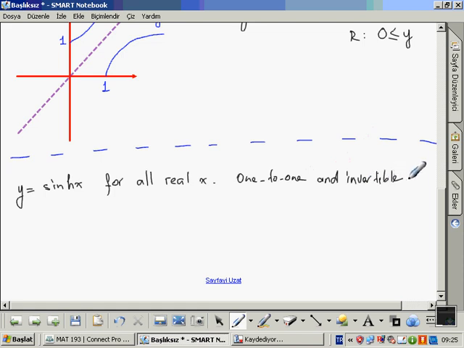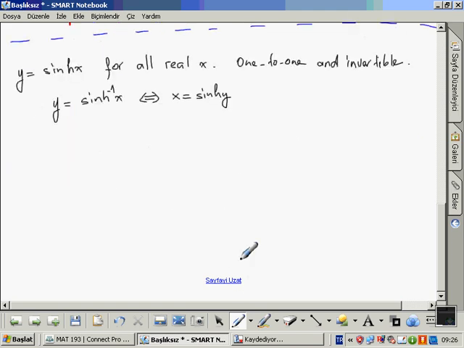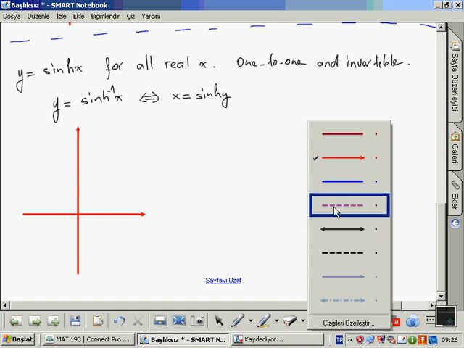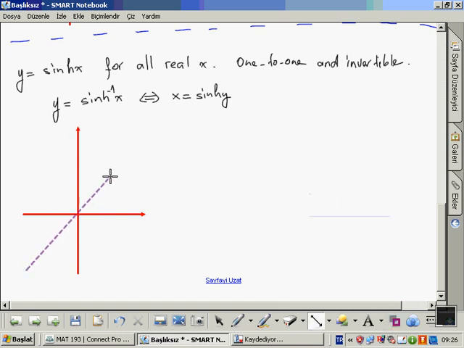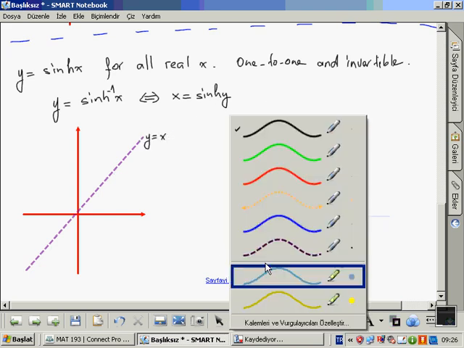And what can we say about it? We can say y equals inverse sine hx if and only if x is equal to sine hy. Let me sketch it on the coordinate system. This is again y equals x.